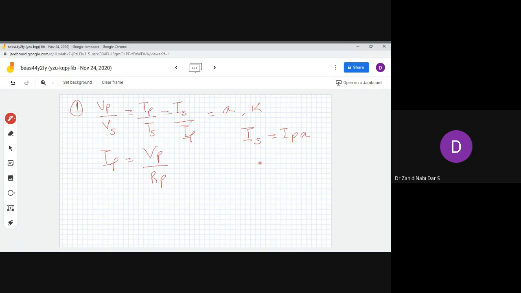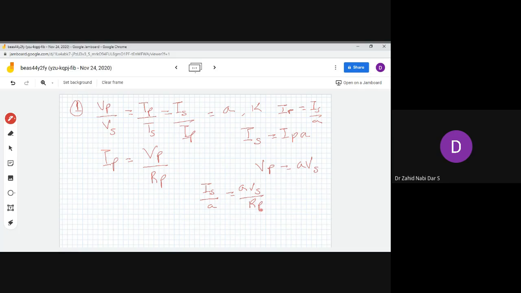So from here Vp is equal to A times Vs. If I want to express this Ip in terms of Is, I'll write Ip is equal to Is by A. Here Vp I'll write as A Vs, and Rp is as it is, Rp.